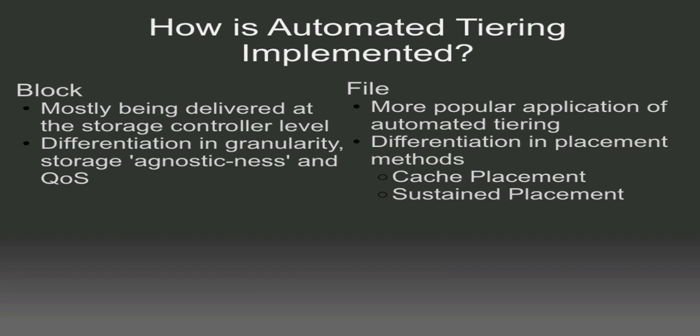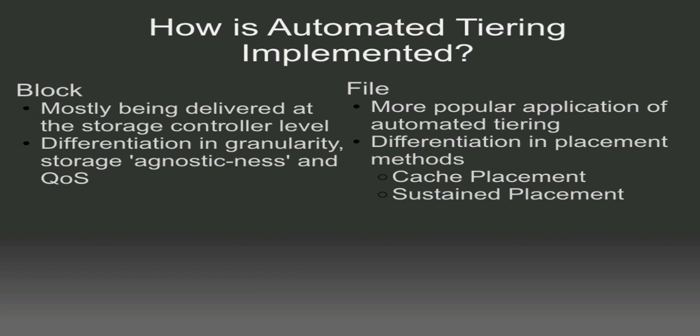Where we probably have seen the most work, though, is in the file-based tiering. It's a more popular application so far in automated tiering. And there's a lot of different solutions out there. However, there's what we describe as a differentiation in placement methods.